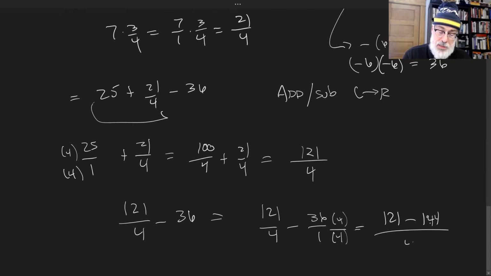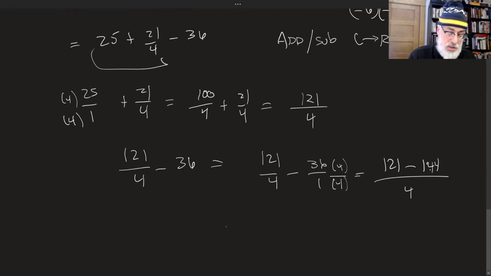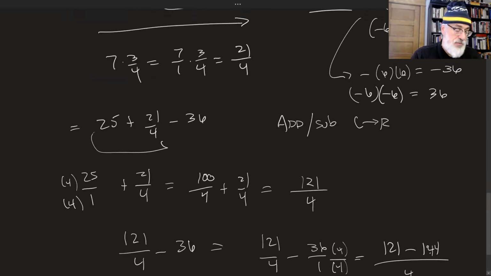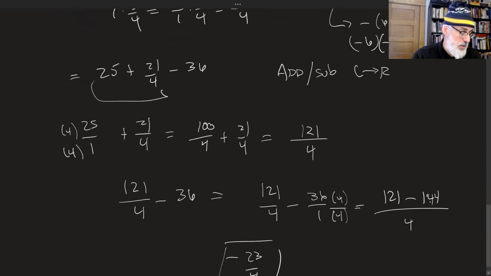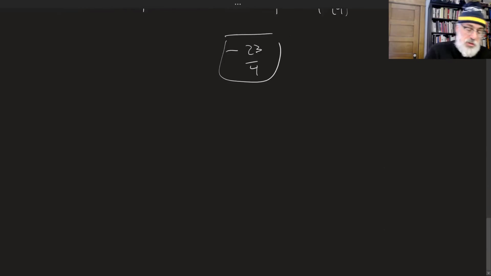And then we have a common denominator of 4. And 121 minus 144 is negative 23, so negative 23/4. So with the order of operations, what we get is negative 23/4. Let's do another example real quick, a little more complex.